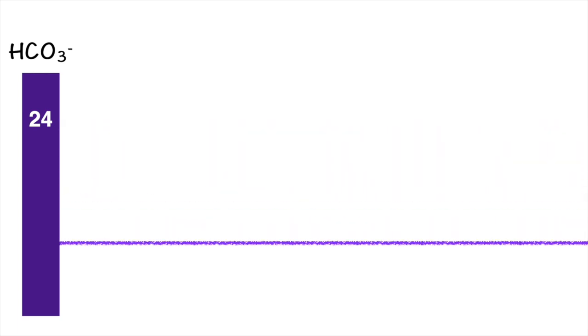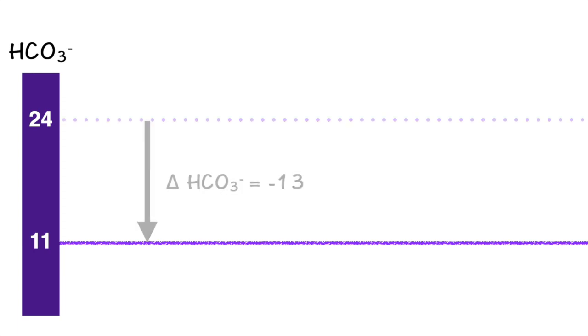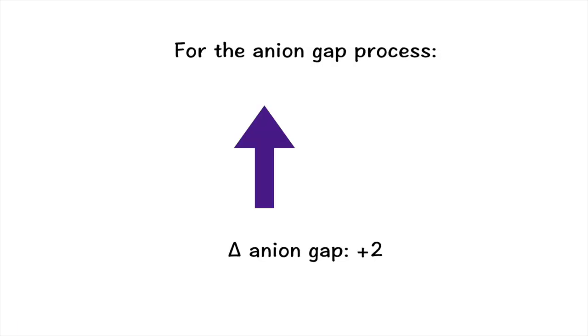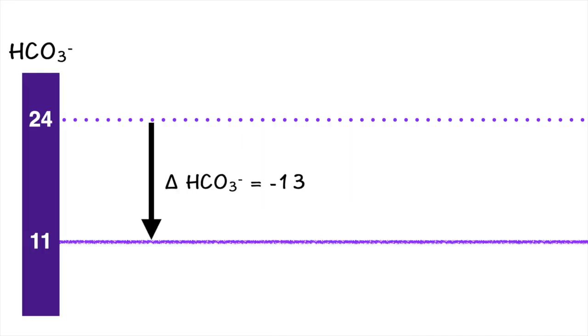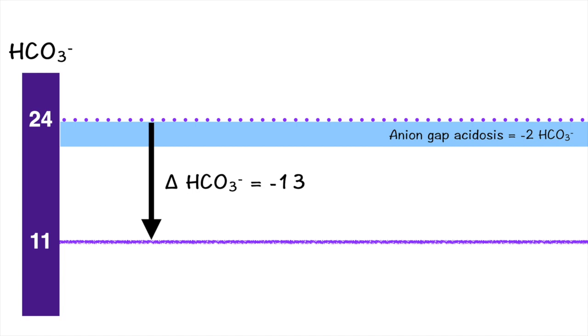If the level's now 11, that is 13 out the door. But how many missing bicarbs did the gap disorder cause? You'll say it's 2, the change in gap. Then welcome the applause. Now let's put it all together. Where the bicarb is concerned, the net reduction's 13, but the verdict has returned that the anion gap acidosis can account for only 2, so another process must have made 11 bid adieu.